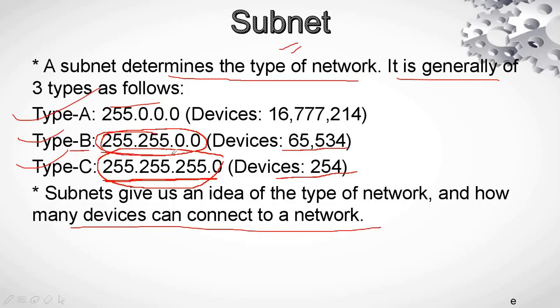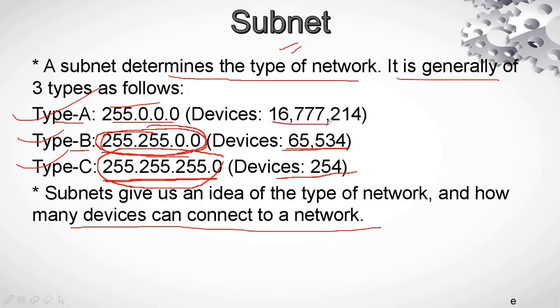This type B is very common with railway stations, and also it is very common with, let's say, hotels, for example. Maybe there's a big hotel with so many rooms, and maybe over there they are using this type B network. And the last one, which is type A, this is the least common.